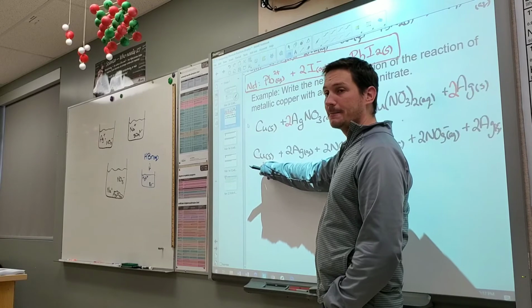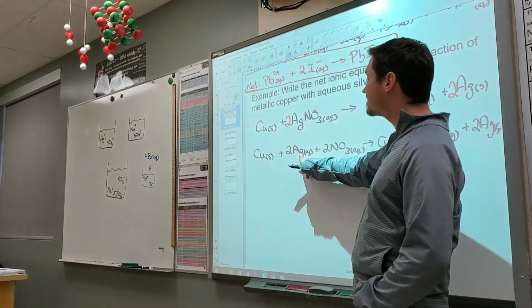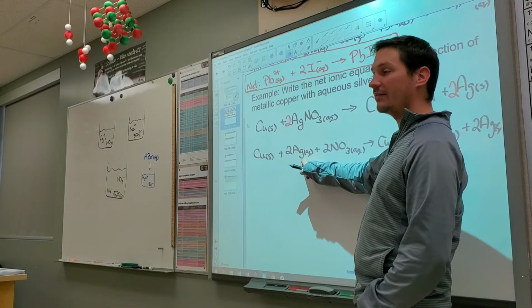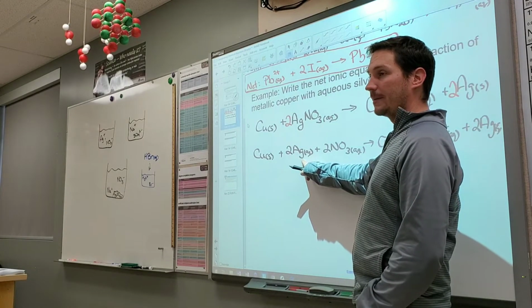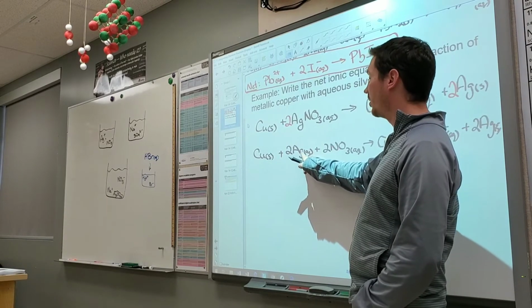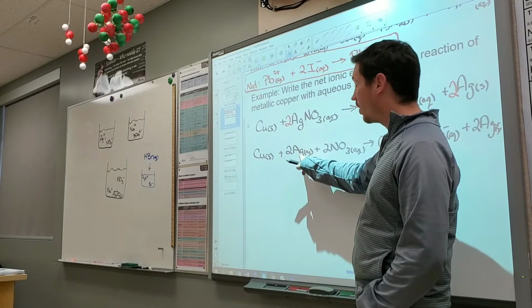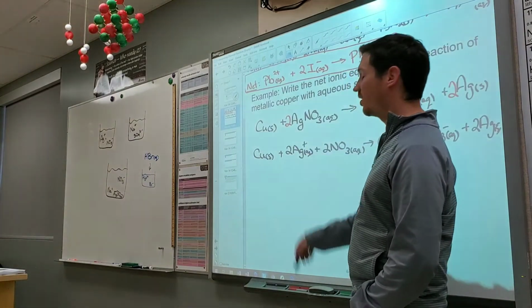Why? It's an element, and elements are atoms. They don't have charges. Should the silver here have a charge? Where did it come from? An ionic compound. So I've got to write down the ionic charge, right?